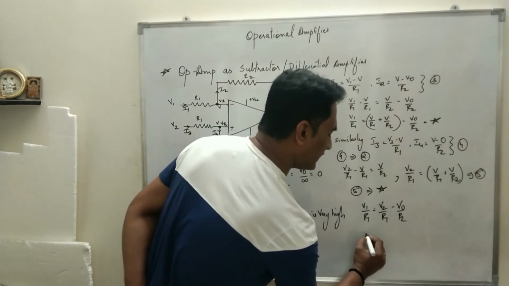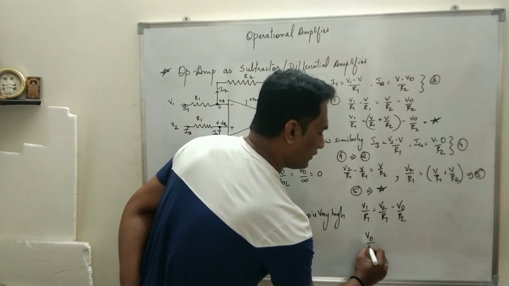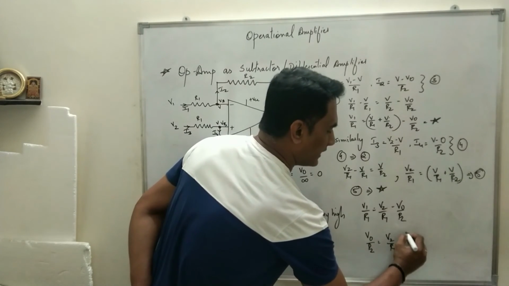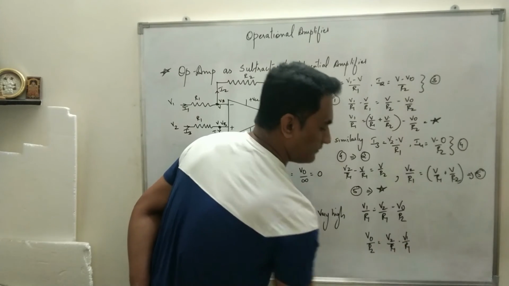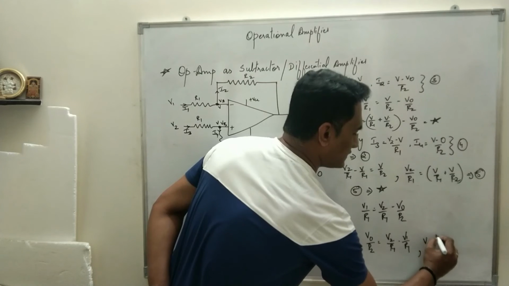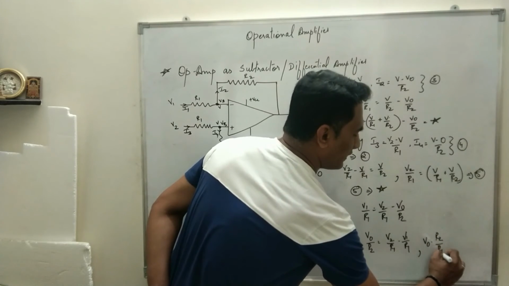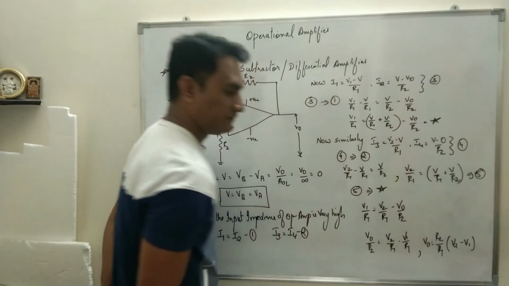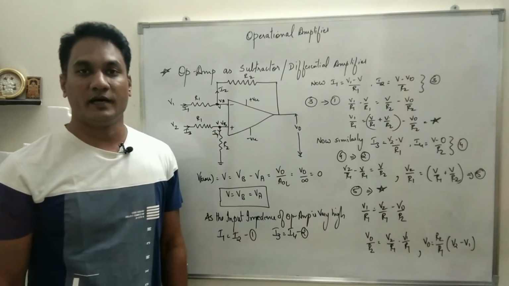The equation becomes V0 upon R2 equals V2 upon R1 minus V1 upon R1. The same equation can be written as V0 is equal to R2 upon R1 times (V2 minus V1).